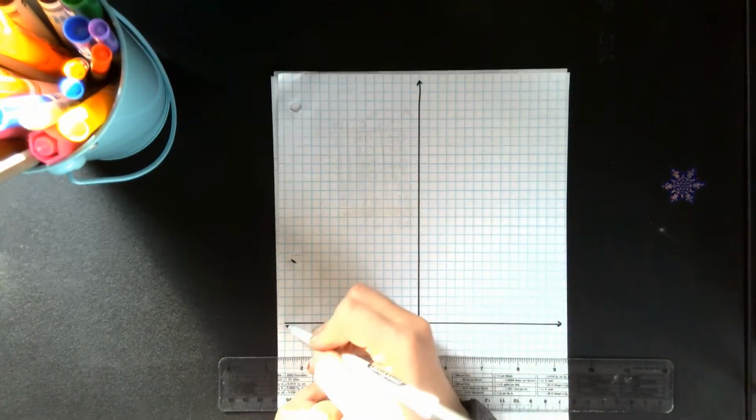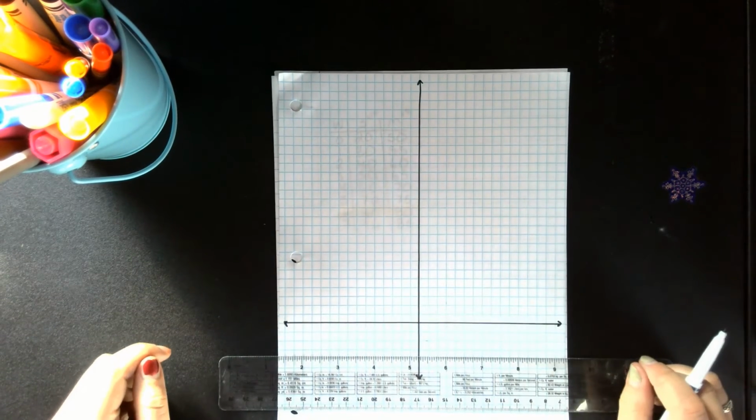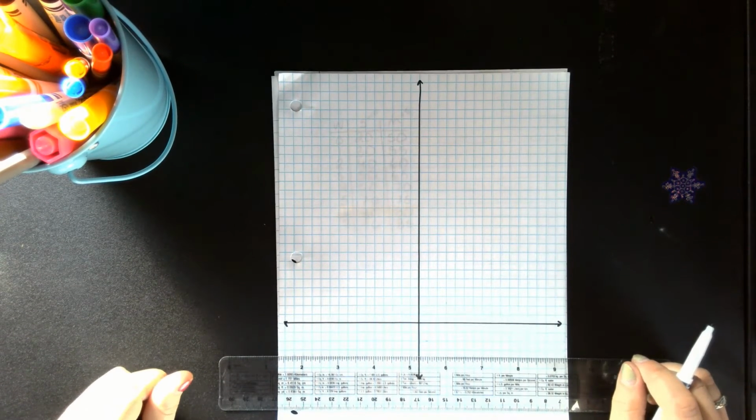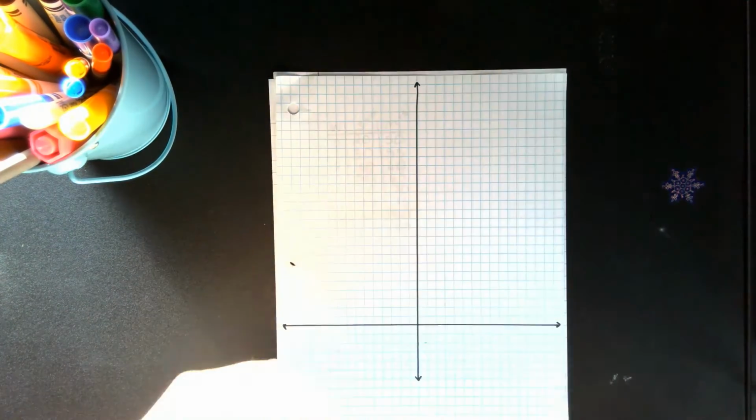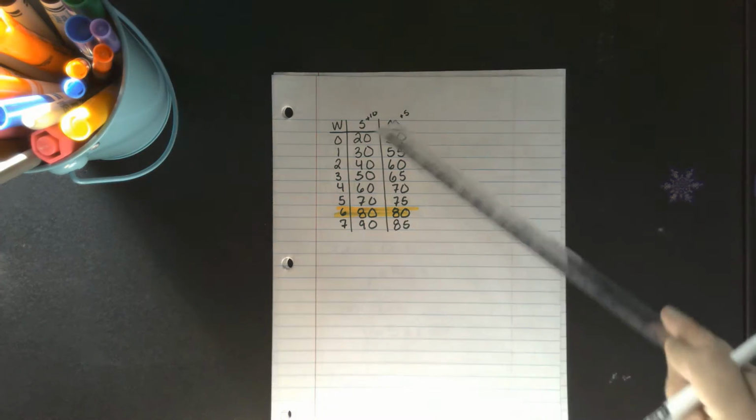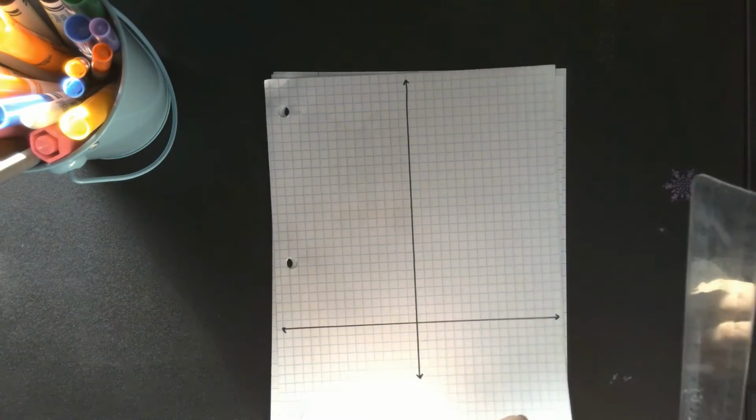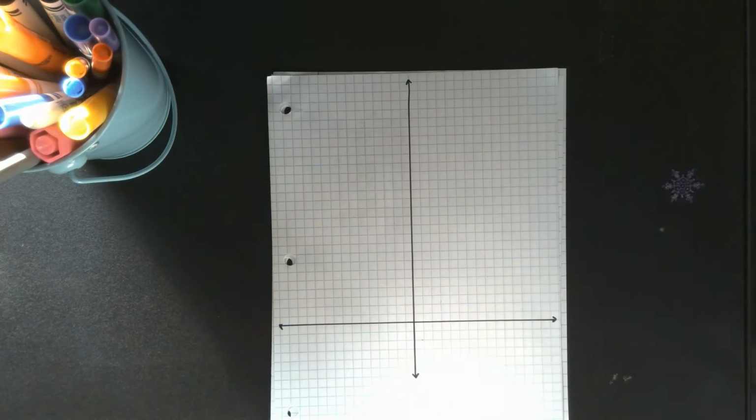Do profits ever go into the negatives? They do. But if we look at both of my problems here, they're not in the negatives, right? They're gaining. They're not losing money. If you're losing money, then yeah, your profits might be in the negative. It's kind of a trick question there for you guys.